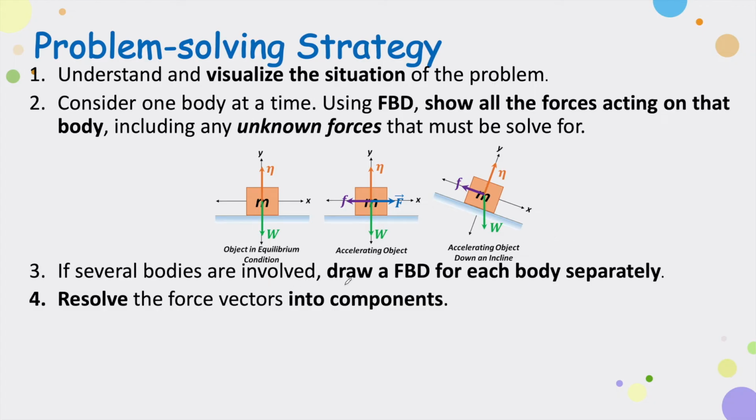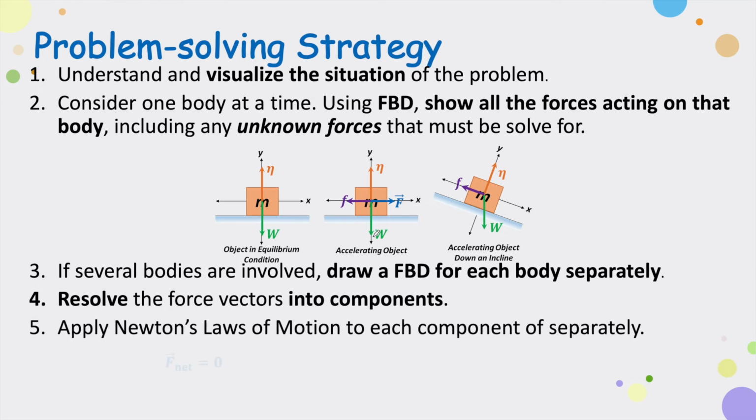If several bodies are involved, draw a free body diagram for each body separately. And you must resolve the vectors into their components. You cannot simply add F, the applied force, directly to the weight. You need to use components for that.